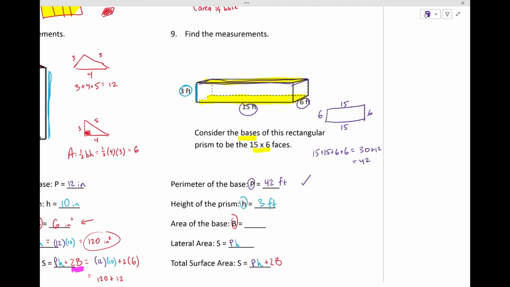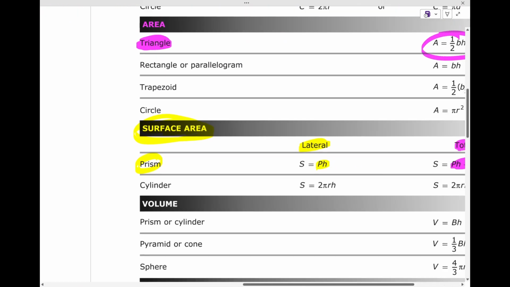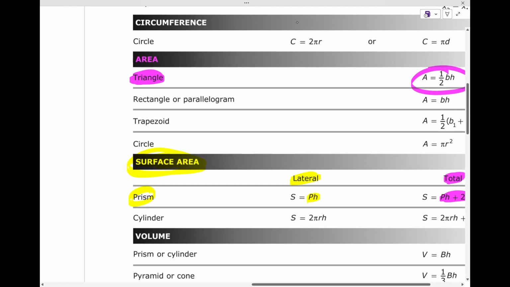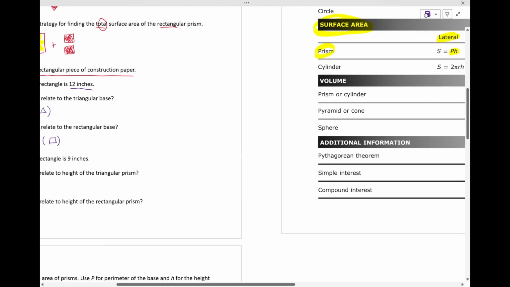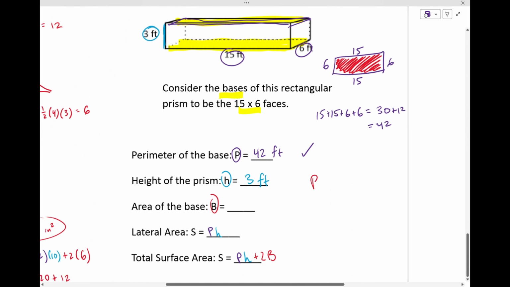Lastly, we need big B, area of the base. Again, our base is this rectangle. We need to find the area. Area of a rectangle. If you don't remember, you can always look at your star sheet. Looking for area. Okay. Area of a rectangle, B times H. So lowercase b times h is going to be our area of the base.